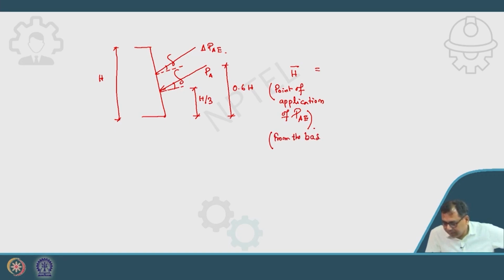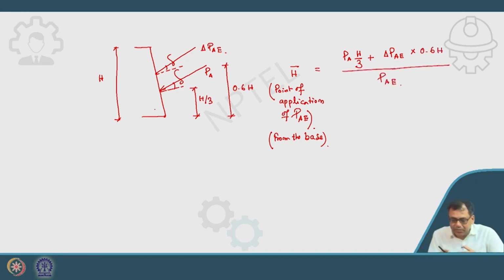It is very simple: PA into h by 3 plus del PAE into 0.6h, static plus seismic, and that will be in between h by 3 and 0.6h.